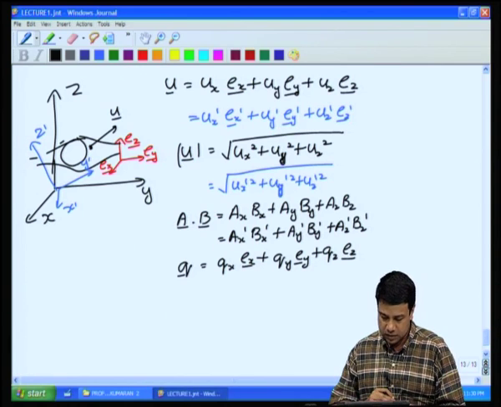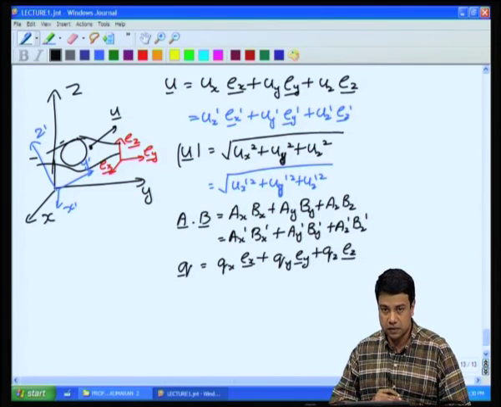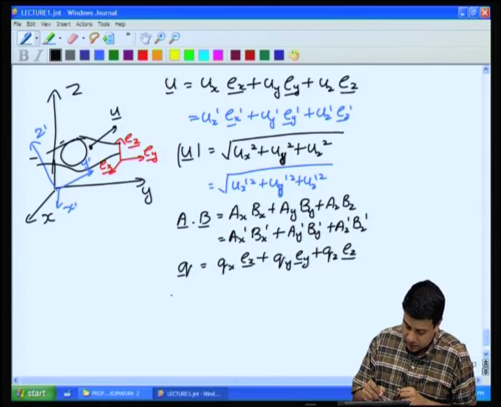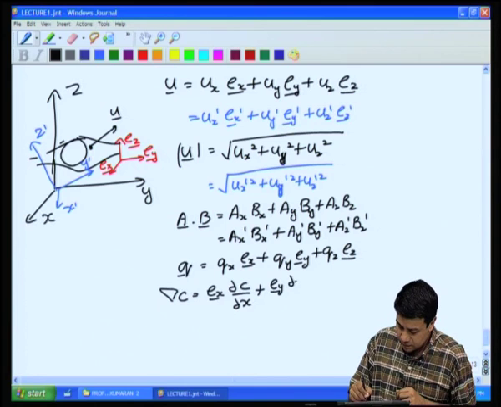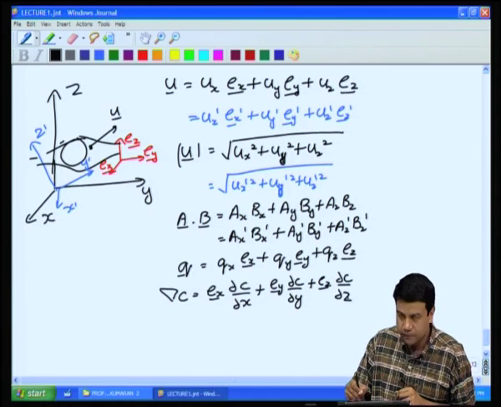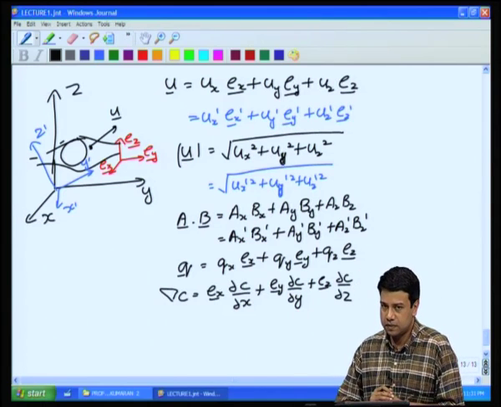We also defined two other things as vectors in the previous Fundamentals of Transport Processes 1 course. One of the important ones was the gradient. For example, the gradient of concentration, grad C. This is a vector, it is a vector derivative.